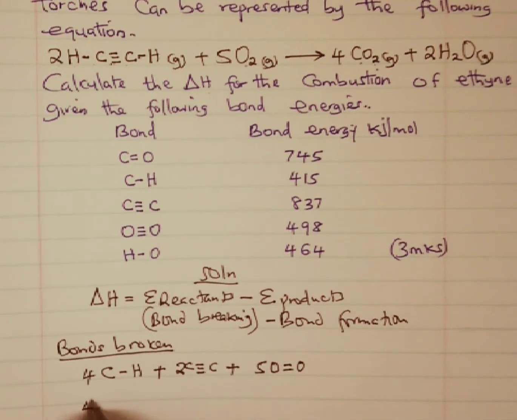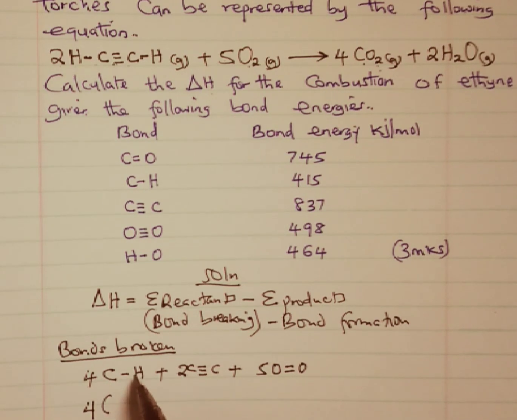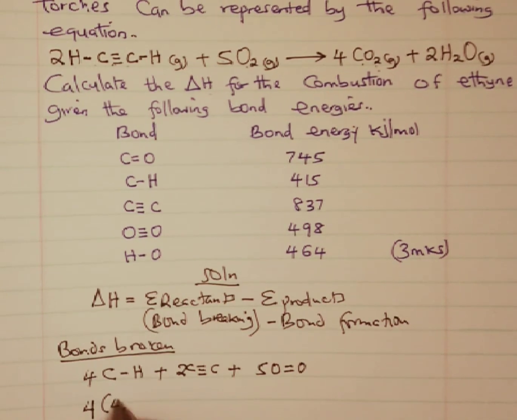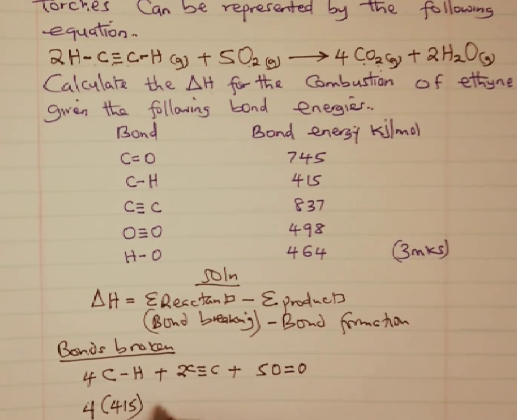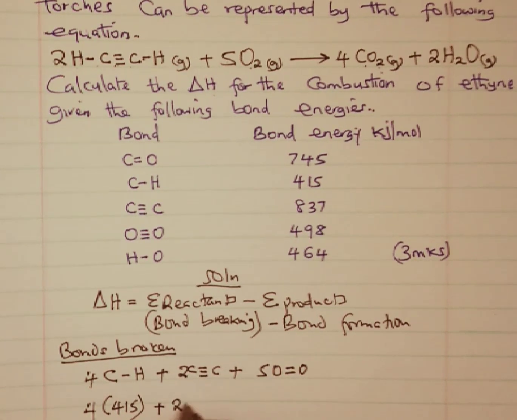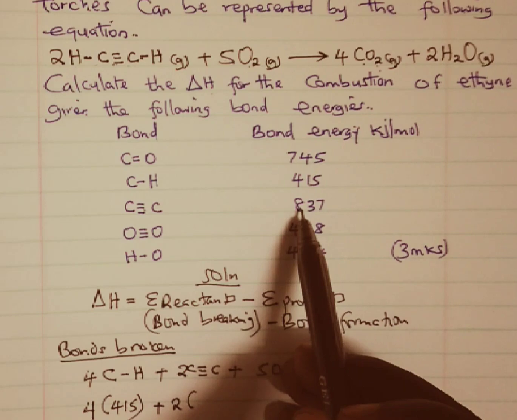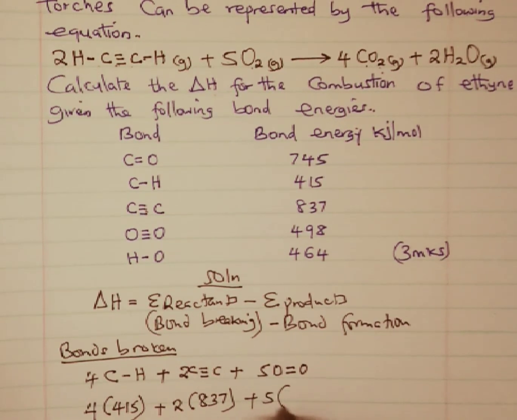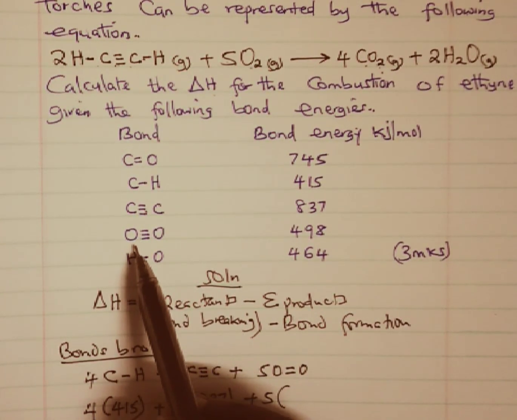So we are going to have 4 times 1 mole of the C-H bond, which requires 415 kilojoules to break, plus twice 1 mole of the triple bond, which requires 837, plus of course 5 times 1 mole of oxygen.